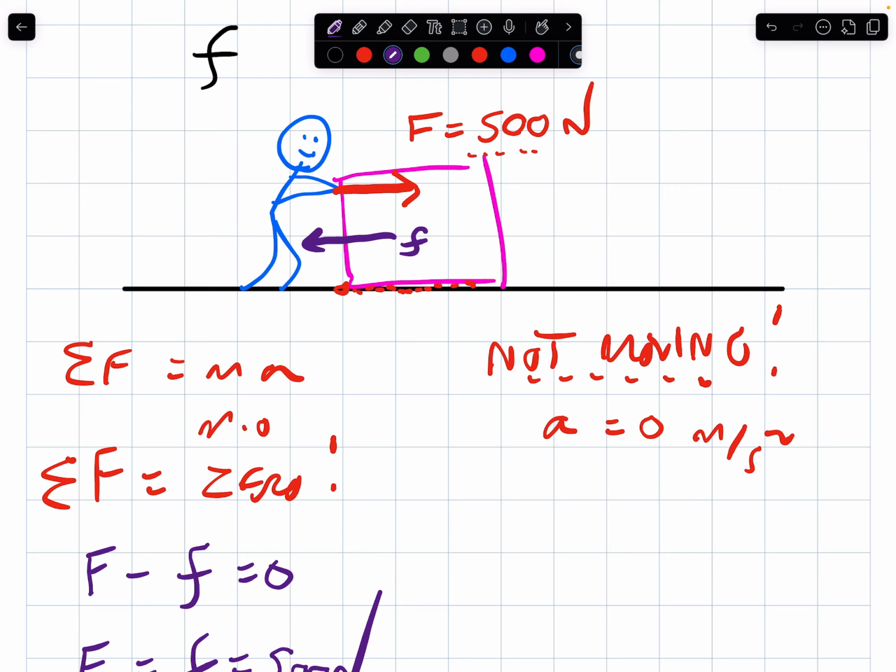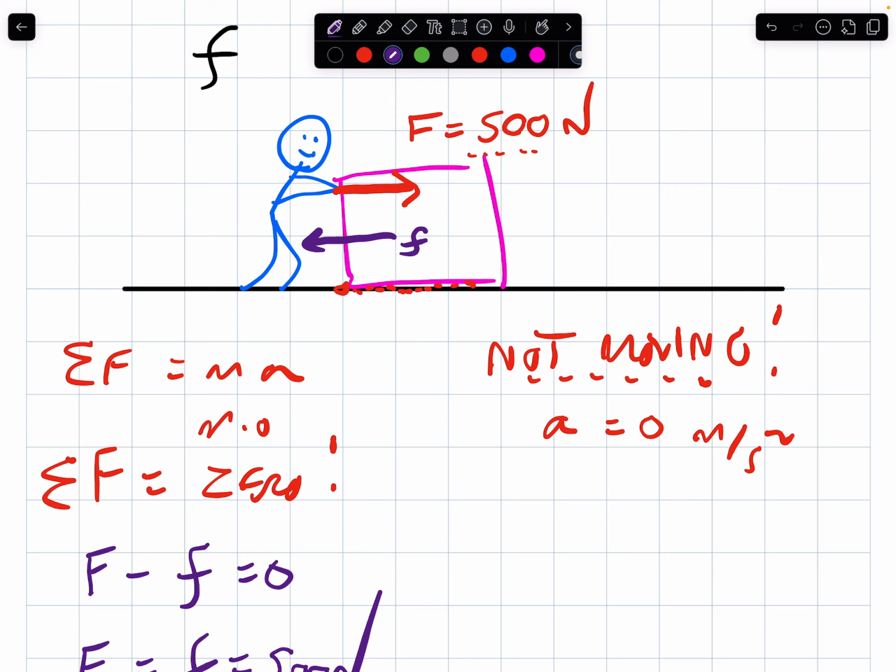If he pushes harder, that frictional force can change. You think about it, he can push it with a little force, he can push it with a little more force, and it takes a certain minimum force to get the thing moving, which means that this frictional force is actually changing. If he pushes it a little bit, that frictional force is little.